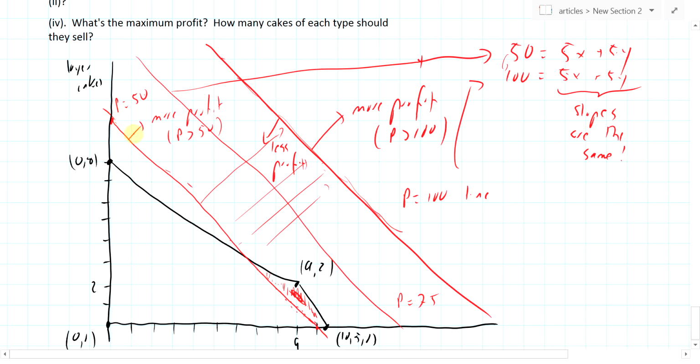If you start raising the profit, right, the profit equals 51 line, for example, would be parallel to this, but just a little bit to the right. And it would go through here, into the feasibility region. As the profit increases, the line goes out this way. What's the last point that it touches? Well, it's that vertex, that corner point.